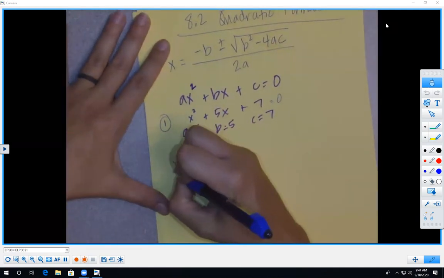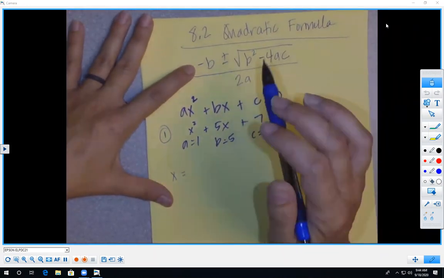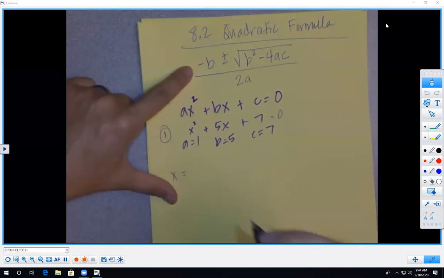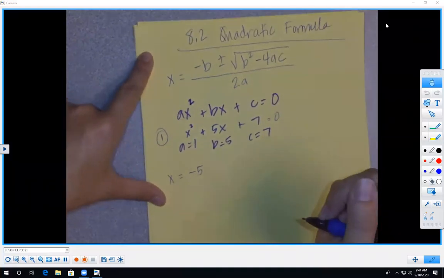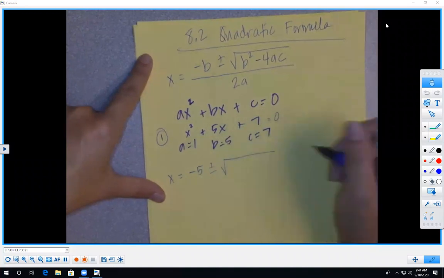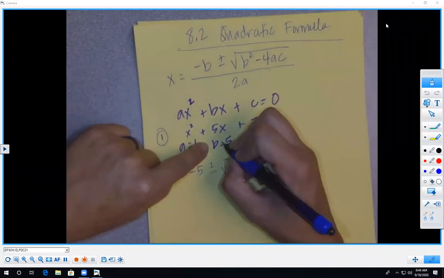So I get x equals negative b. That means change the sign of whatever your b value is. So if b was positive 5 here, when I put it in this part, it's going to be negative 5. That's the only place we change the sign of it, though. Okay, now it's plus or minus the square root of b squared. So I'm just using my regular b value now, not the negative one.